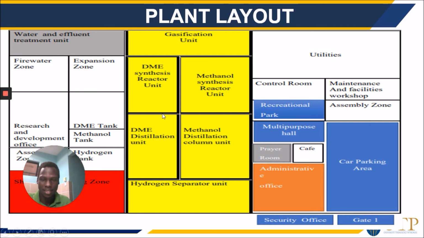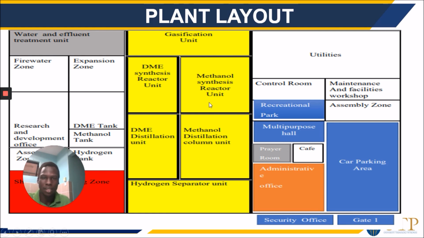Lastly, but not least, is the high hazard process area. This area is where the processing of chemicals takes place at extreme pressures and temperatures. They include the gasification reactor unit, the DME synthesis reactor unit, methanol synthesis reactor unit, the two distillation columns, and hydrogen separator.